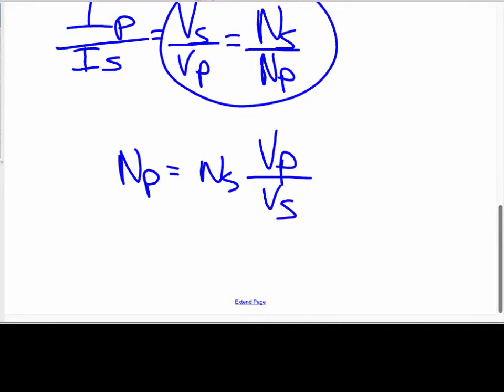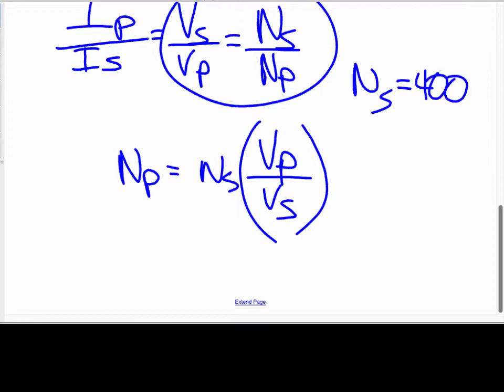So the number of turns of the primary coil should be equal to the number of turns in the secondary coil times the ratio of the voltage of the primary coil over the voltage of the secondary coil. And we have all that information. We said that N sub S is 4,000 turns.